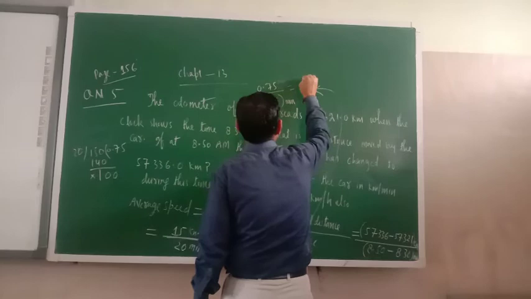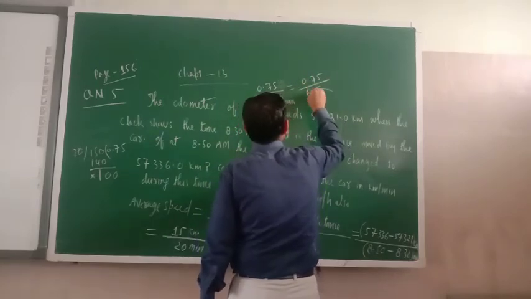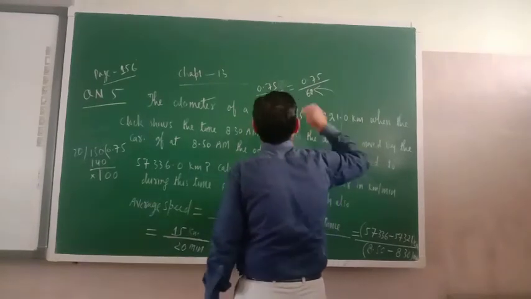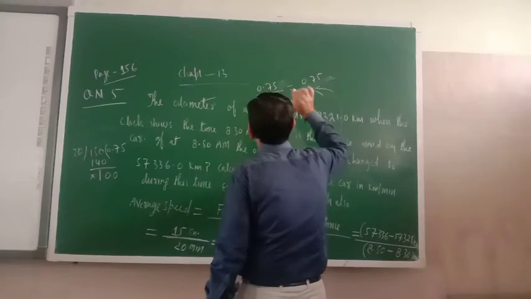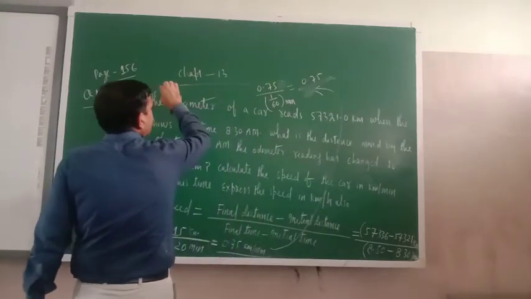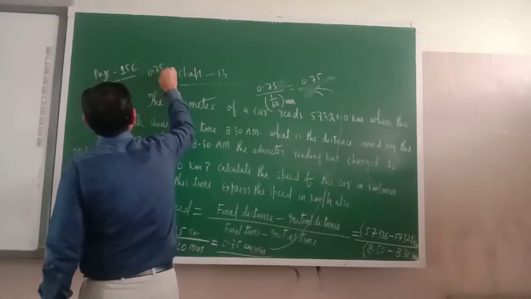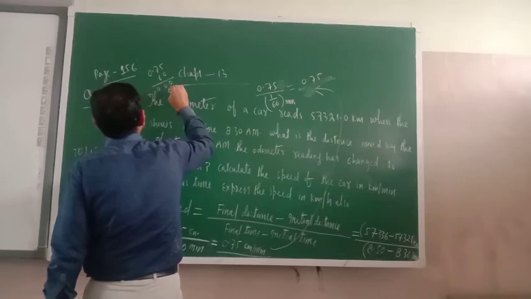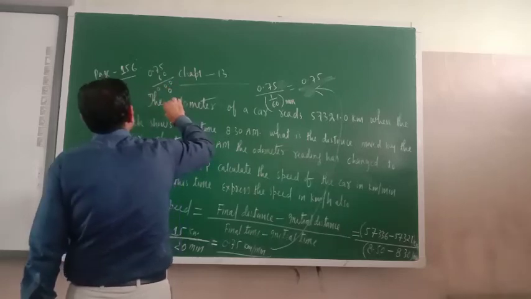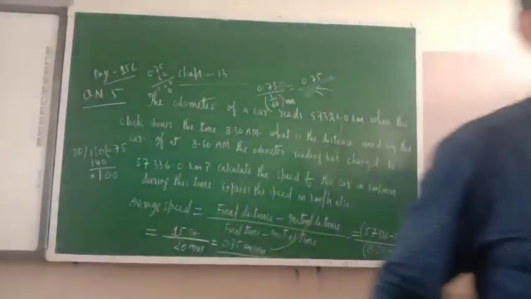So here what you will get? 0.75 divided by 60. Just a minute, I will multiply and afterwards I will tell.